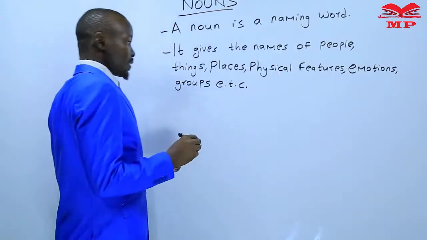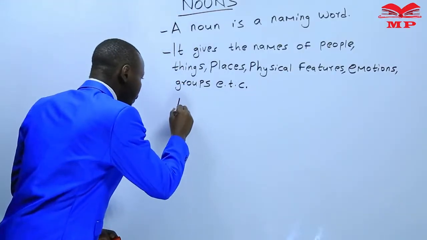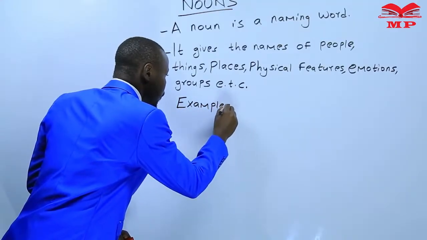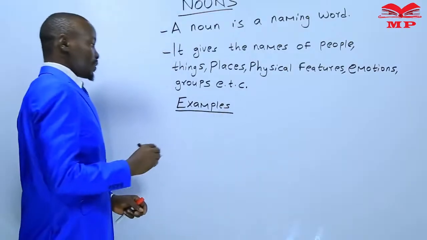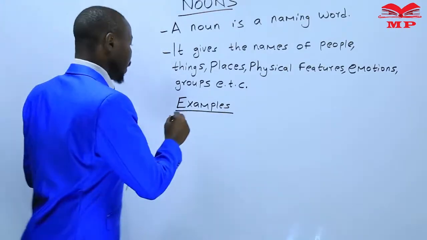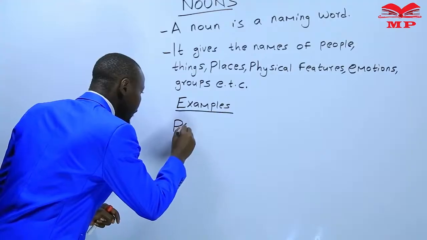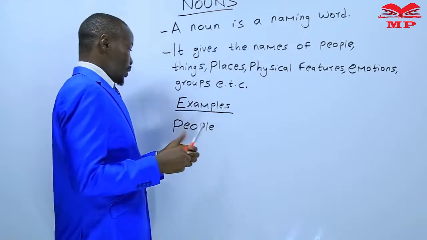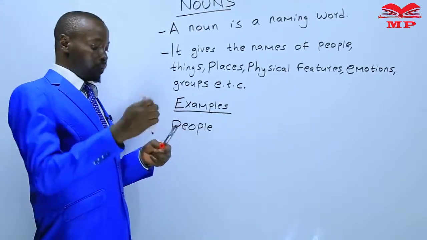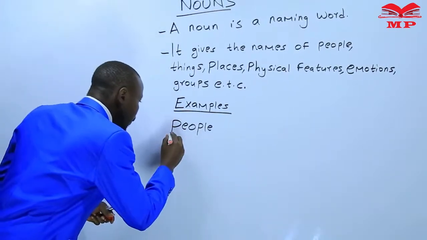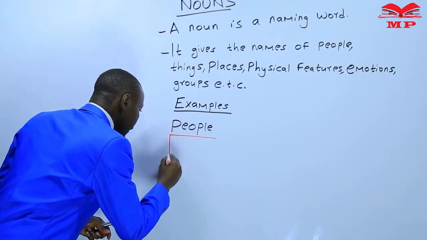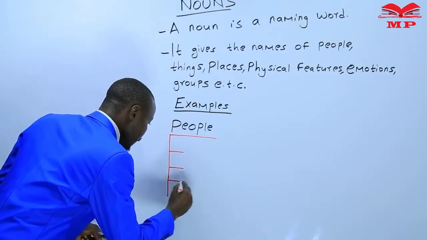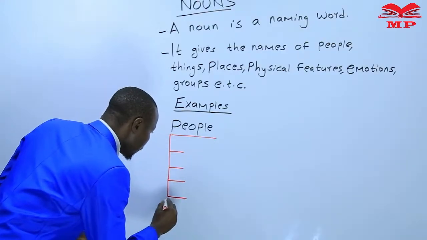So I want to know the examples of these nouns. So we'll write here examples. So the first example that we'll use here are the names of people. So we have people. So we'll be giving out examples of the names of people. So we'll give at least 5 examples of the names of people.